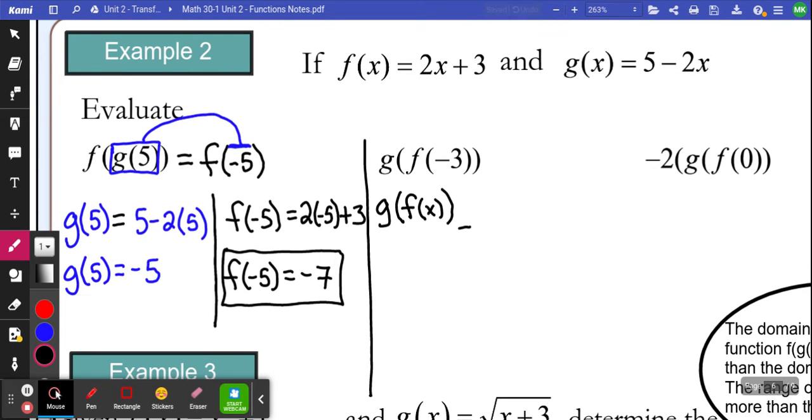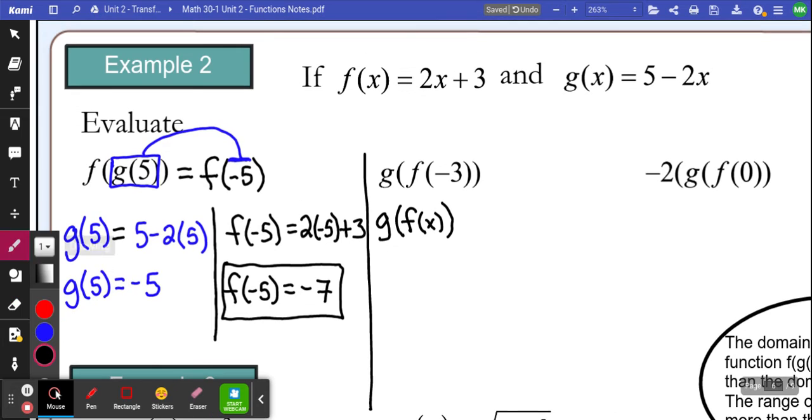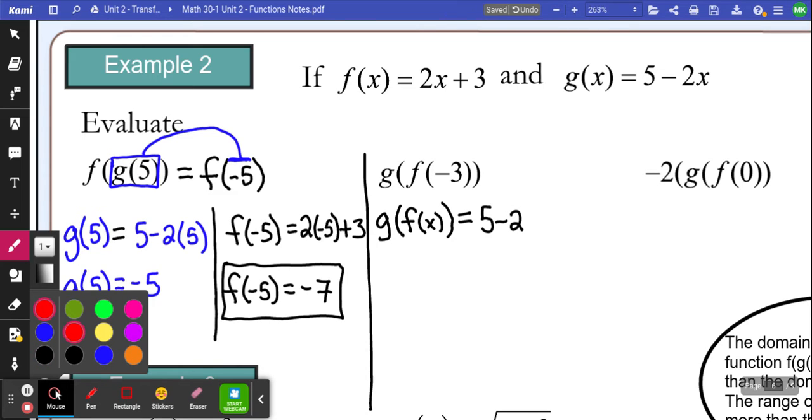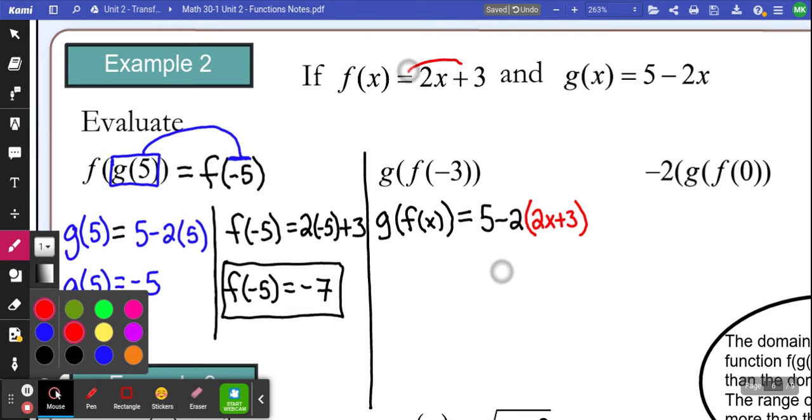So go to your g function. g of x is 5 minus 2x. Change x to be f of x. So you would now have 5 minus 2 times 2x plus 3. I put this in for x.